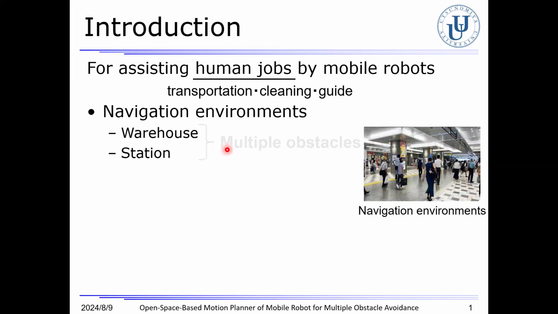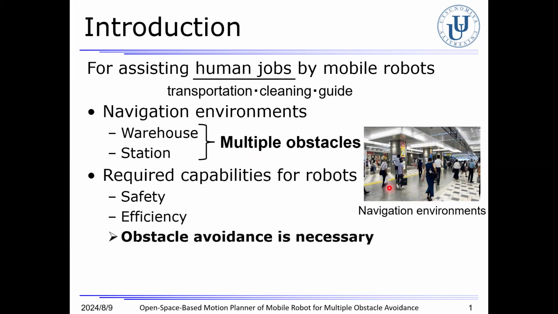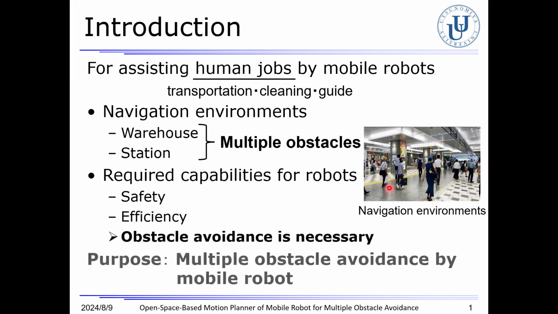These environments contain multiple obstacles such as desks, shelves, and people. In the presence of these multiple obstacles, the robot must move safely and efficiently in navigation. So the robot needs to avoid obstacles. Therefore, the purpose of this work is multiple obstacle avoidance by mobile robot.